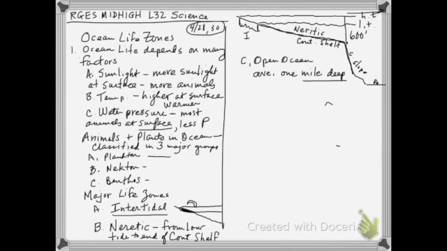And so I'm going to try to write all 3 of them down here. The first one, the Bathyal zone. The Bathyal zone begins at the continental slope down to about 2,000 meters. Okay, so I'm going to put down here the continental slope down to 2,000 meters.